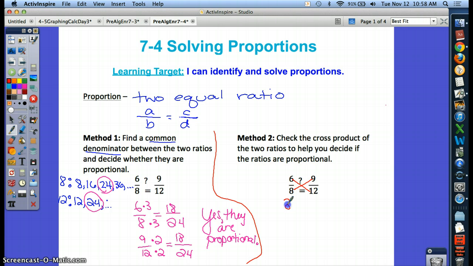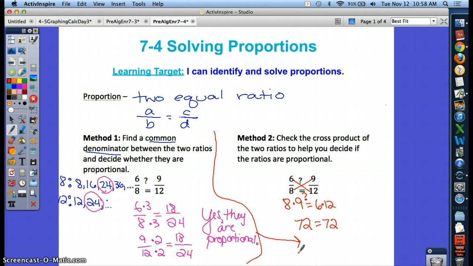So 8 times 9, let's check if that does equal 6 times 12. If they are equal to each other, these cross products, then the ratios are proportional. 8 times 9 is 72, and 6 times 12 is 72. So yes, they are proportional. You could write this over here as well.